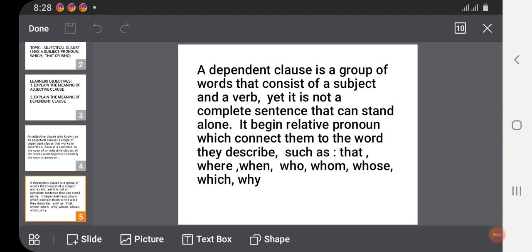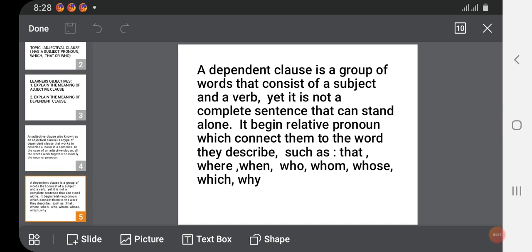Correct. So for you to have your adjectival clause, it must begin with a relative pronoun. Examples of relative pronouns are that, where, when, who, whom, whose, which, and why.